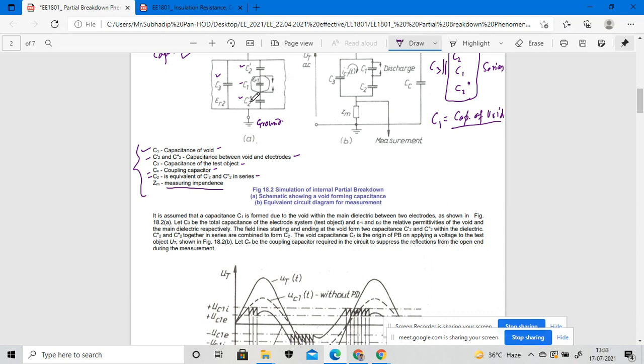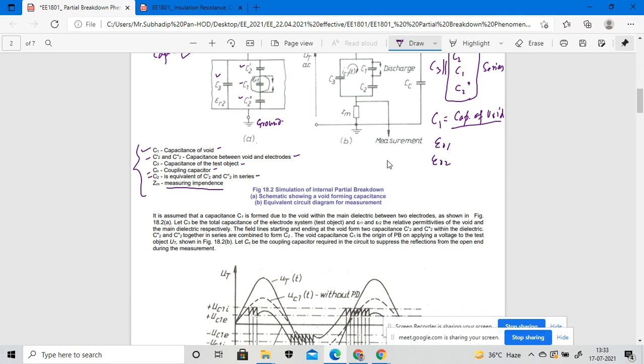And C2 dash and C2 double dash are nothing but the capacitance between the void and the electrodes, okay? That is shown in this figure. Now we have to connect another capacitance, or we can say the test object, connected in parallel with this capacitor. Let C3 be the total capacitance of the electrode system or the test object. We also consider the relative permittivity epsilon R1 and epsilon R2.